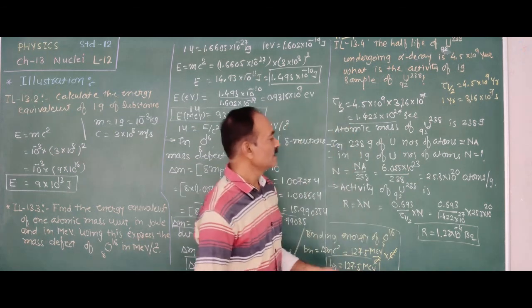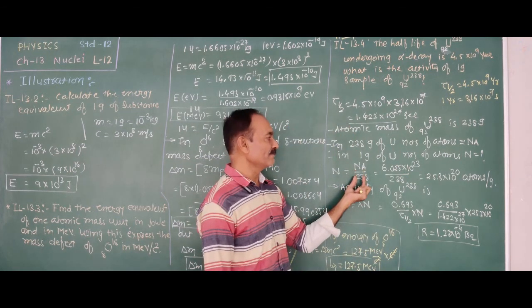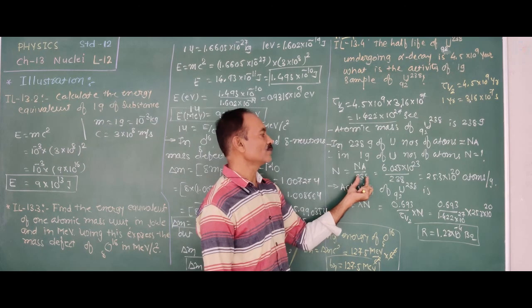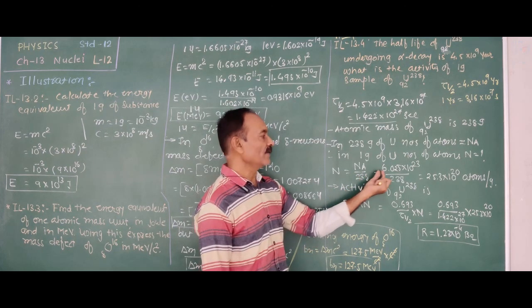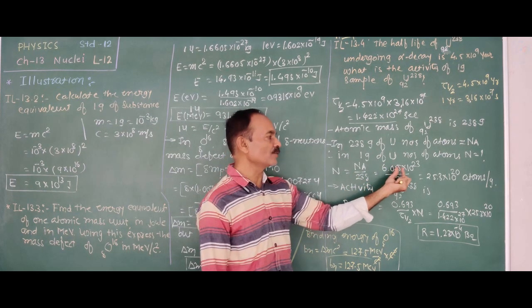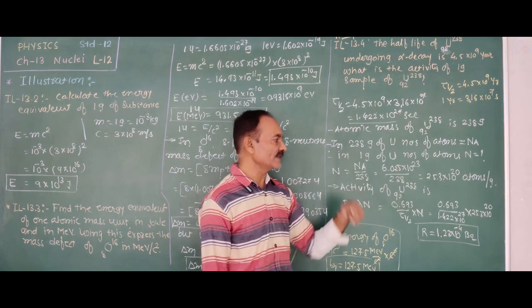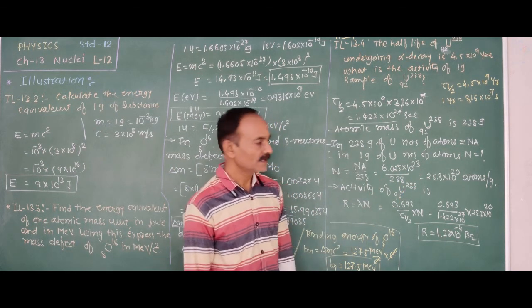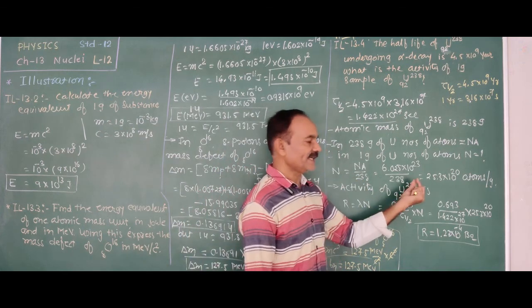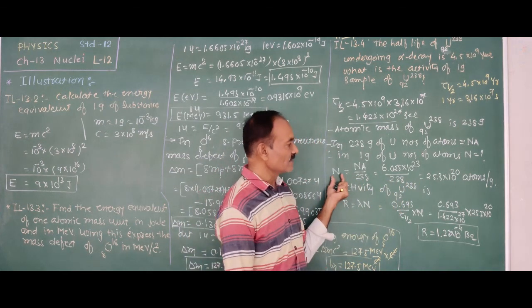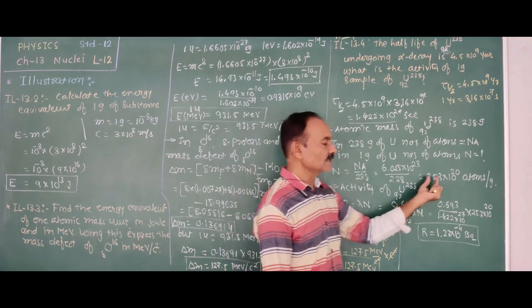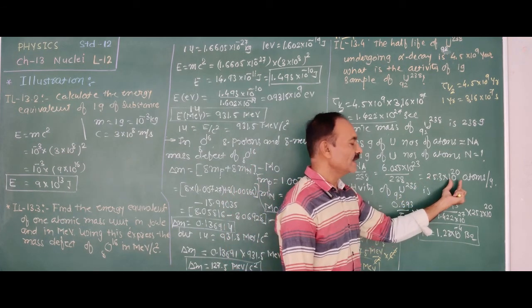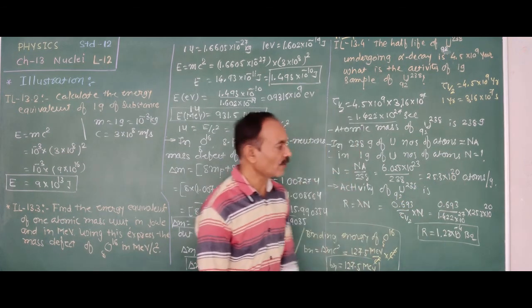N. Therefore, N is equal to Avogadro number divided by 238 gram. Avogadro number is 6.025 into 10 raised to 23 divided by 238. Thus, we obtain the number of atoms in 1 gram uranium is 25.3 into 10 raised to 20 atoms per gram.